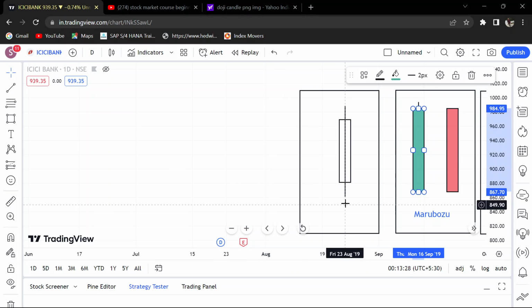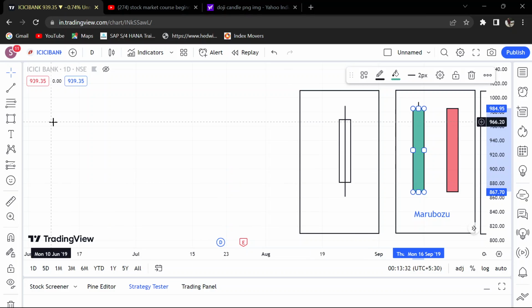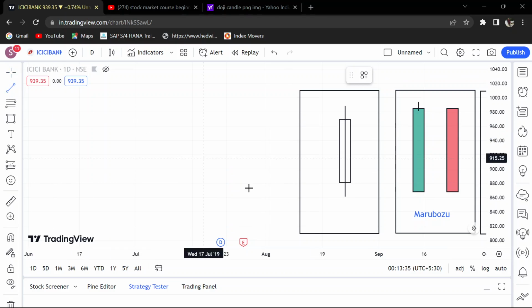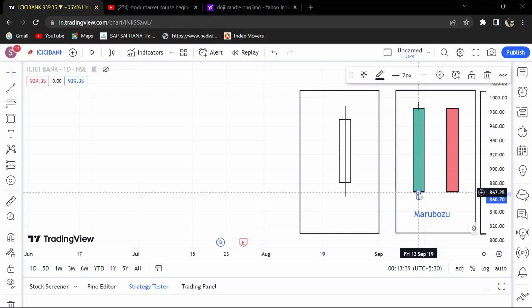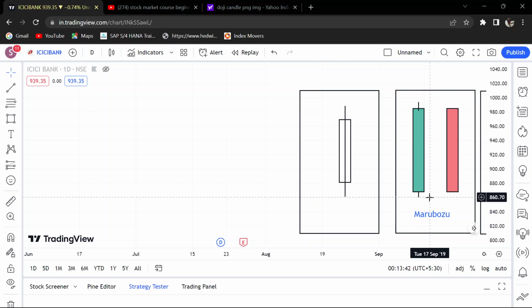See here, the upper wick and lower wick are a bit larger. For a Marubozu candle, generally there will be no wick or a very small wick. Without a wick is very rare, but if it is a small wick, you can also consider it a Marubozu. The candle should be 95% covered with body. This type of candle is called Marubozu.